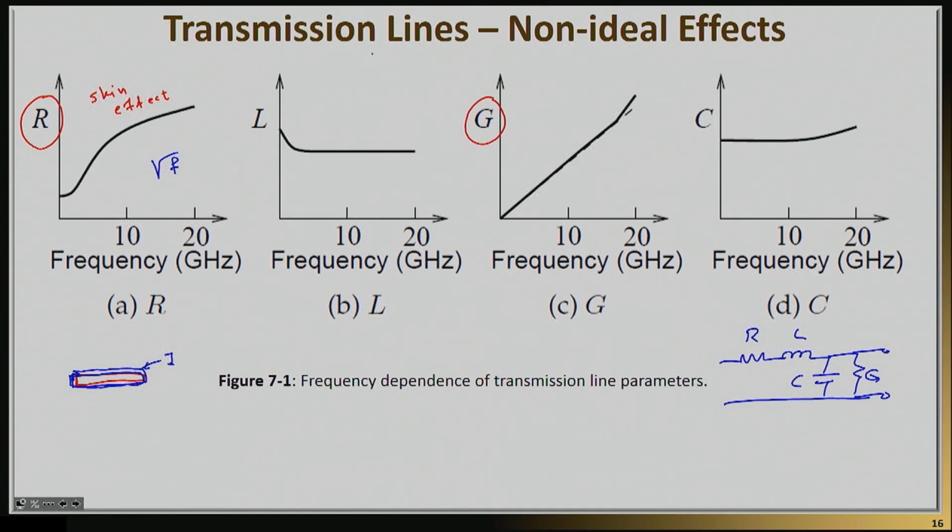Right. Similarly, inductance will change as a function of frequency. Not so much, but it will. Again, if you remember from your undergraduate days, if I consider a coaxial line, for DC, I have actually current that flows inside the volume, which means I have an inductance in the volume.